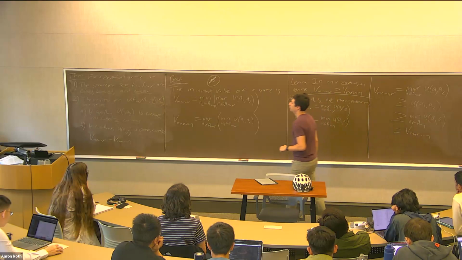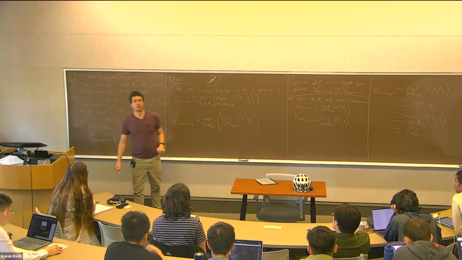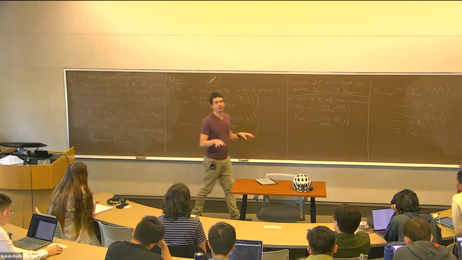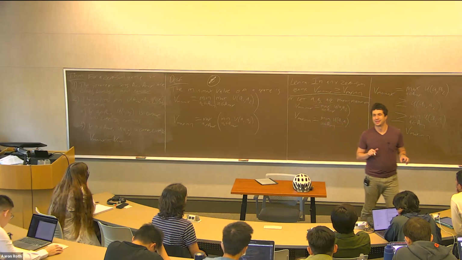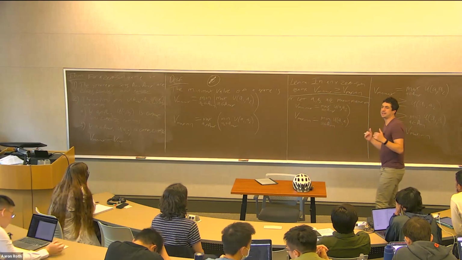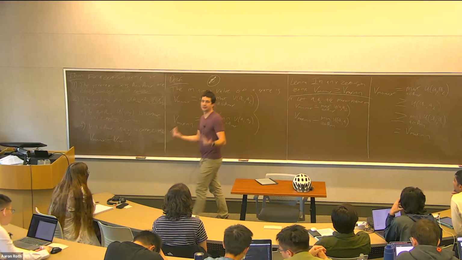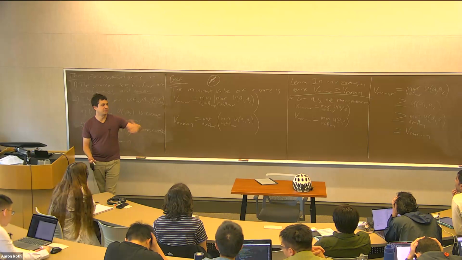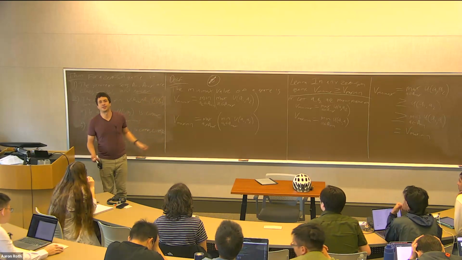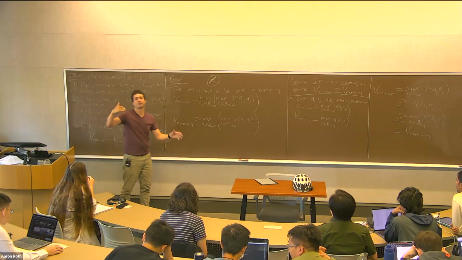Well, we could frame this as a zero-sum game where I pick the assignment of variables and the adversary picks the constraint. And the cost I suffer, which I want to minimize, is the violation of the constraint chosen by the adversary. If I pick something feasible that satisfies all of the constraints, then my payoff is 0. My cost is 0. That's what I wanted.